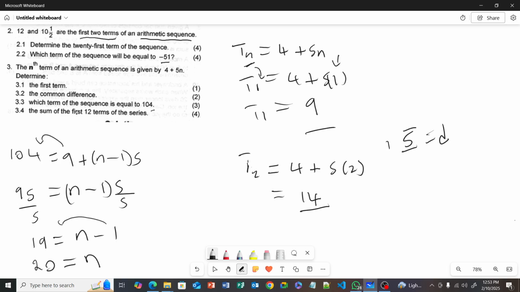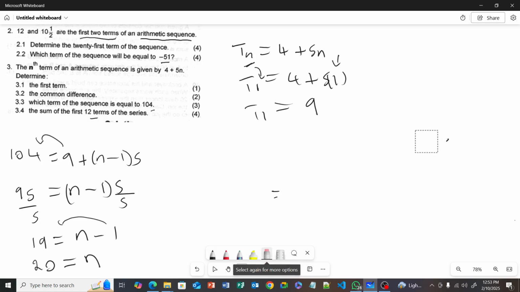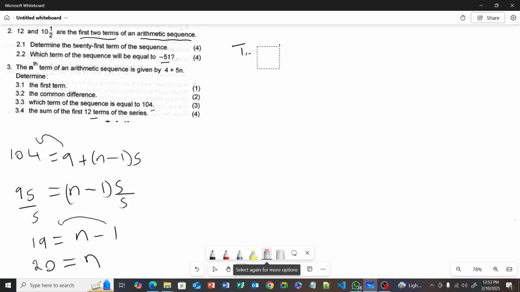Now the sum of the first 12 terms in the series, they want us to determine the sum of the first 12 terms. So what do you do? You bring that formula back of the Sn. So in this case, they told you the number of terms that you need in the sequence.